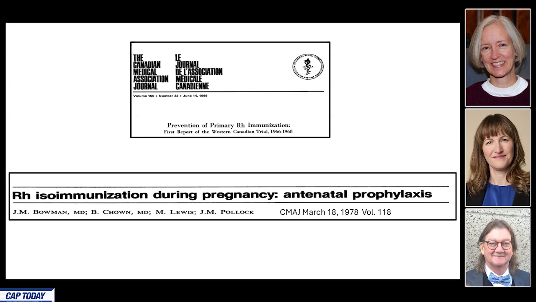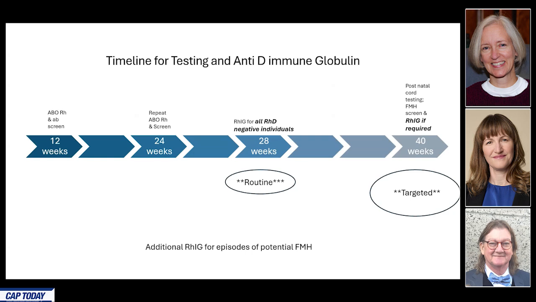So these were really pivotal studies, and they led to what is still our timeline for testing and anti-D immune globulin prophylaxis 50 years later in Canada and in many places in the world. So what we do up until the point at which genotyping is introduced is an early ABO-Rh and antibody screen, generally somewhere around 12 weeks gestational age.